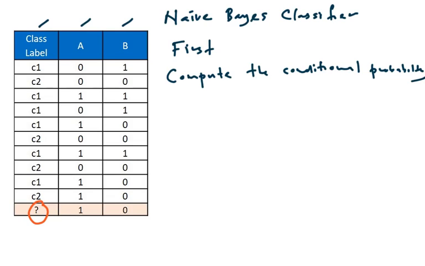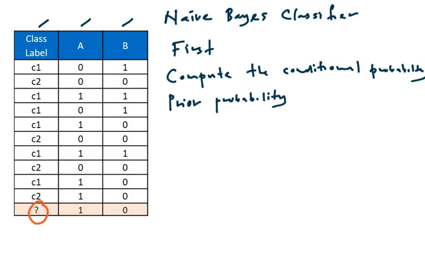So let's see what numbers you need to compute the conditional probability. First is the prior probability. The first thing you need to find is the prior probability.